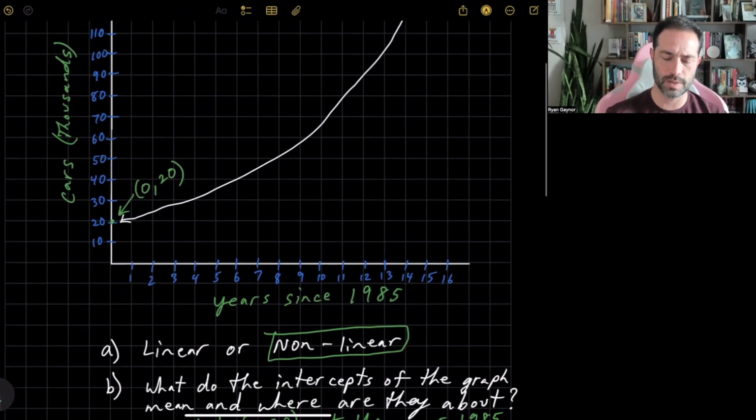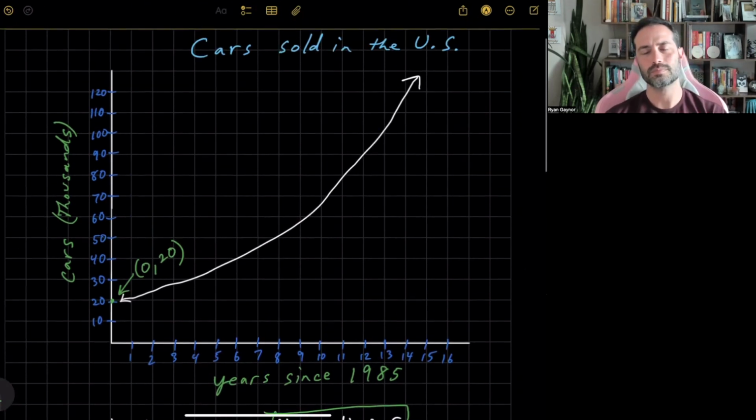Well, if we look back at the function, when it says where is the function positive, that literally means where is it above the x-axis, which would make the y positive, right? If we're above the x-axis, that would make the y positive. So I have to look left to right in order to figure that out. So if I start at the left of this graph, right, at that 0, 20, it's already above the x-axis.